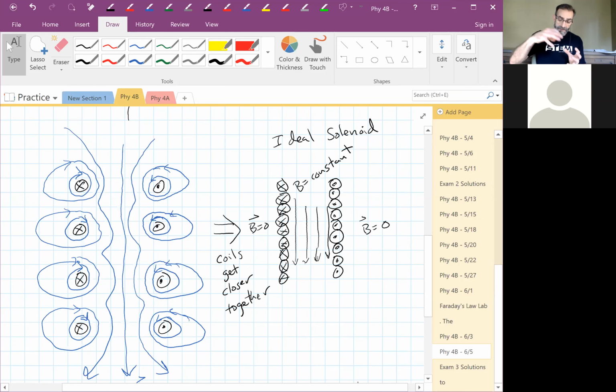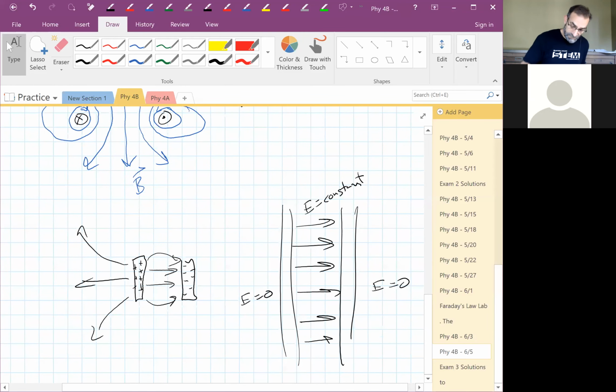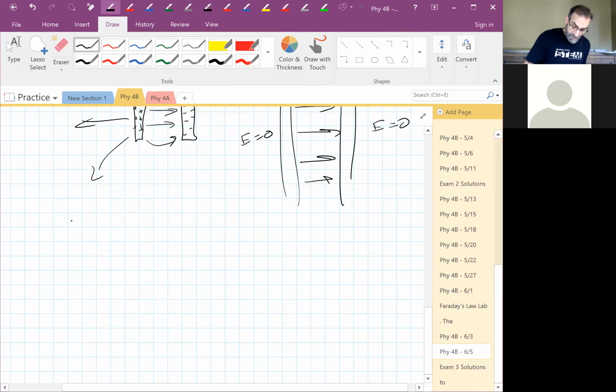As we make this solenoid into an ideal solenoid, then the magnetic field inside becomes constant, and the magnetic field outside becomes 0. Okay, so how do we make it?